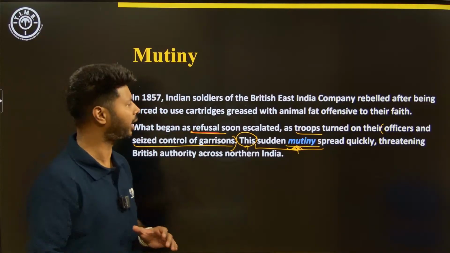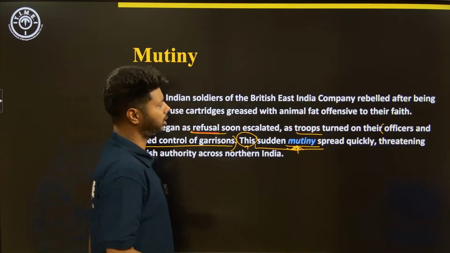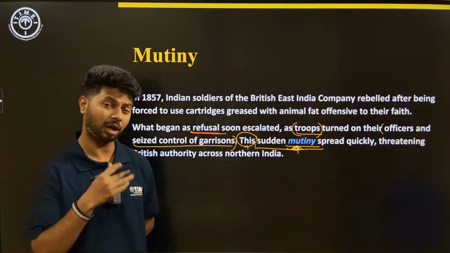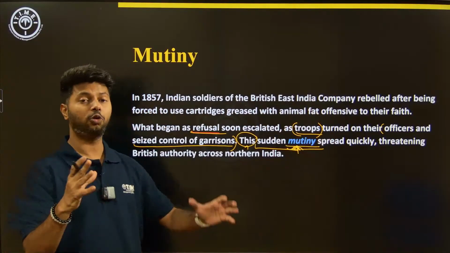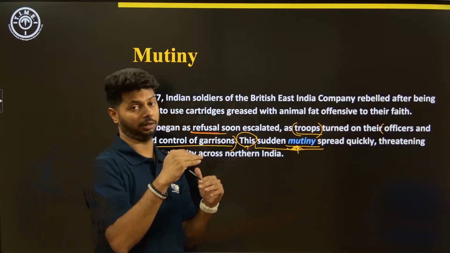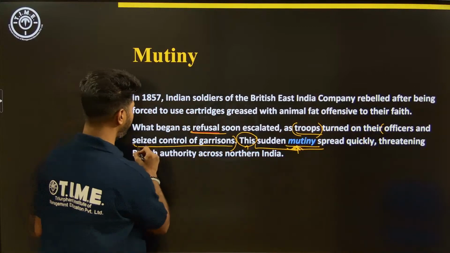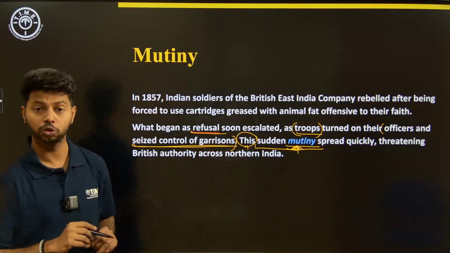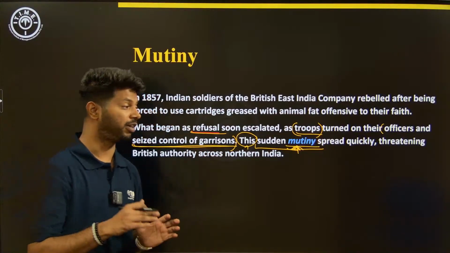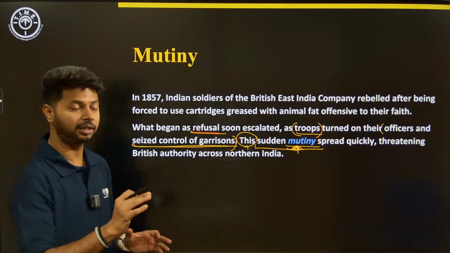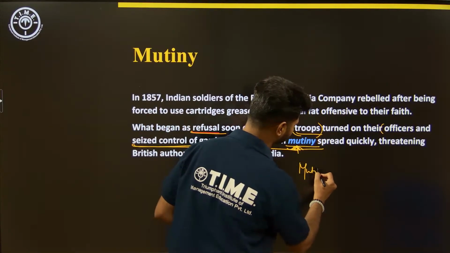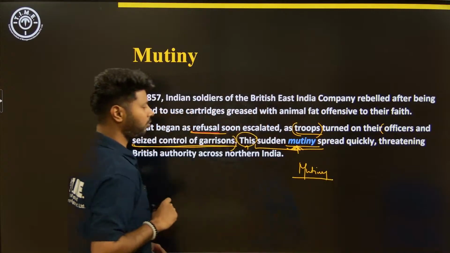What understanding do I get about the word? I understand that troops or soldiers or some individuals belonging to a particular group, right, turning on their seniors and doing something which they are not supposed to do, turning on their seniors and indulging in an act of defiance to defy their seniors and do something. That is what mutiny is probably.